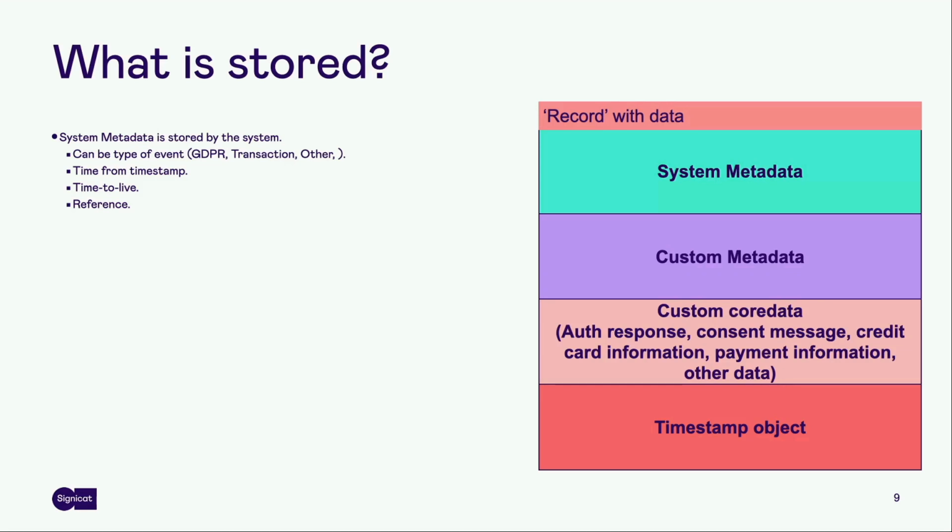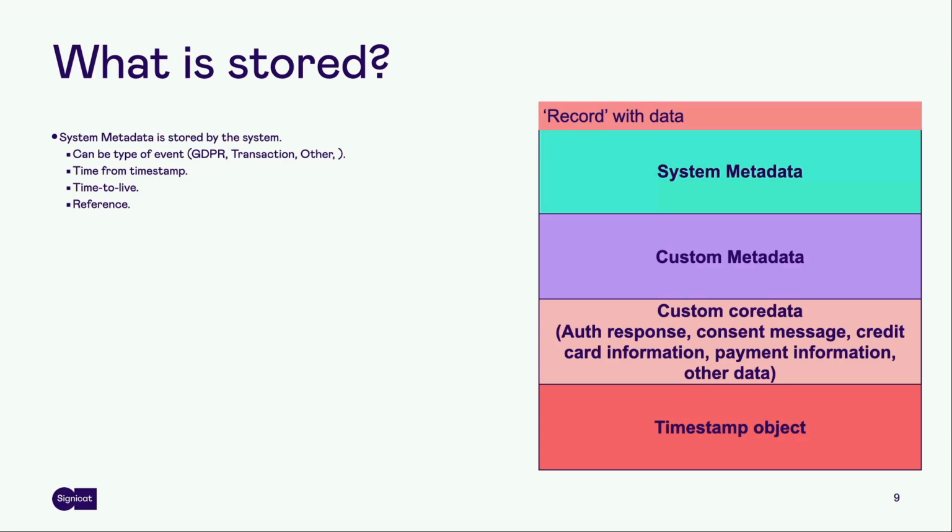And in the custom core data is where the data that you want to store is added, and it's sealed and stored. And in there, it could be auth response, it could be consent messages, credit card information, payment information, or other data that you want to keep.